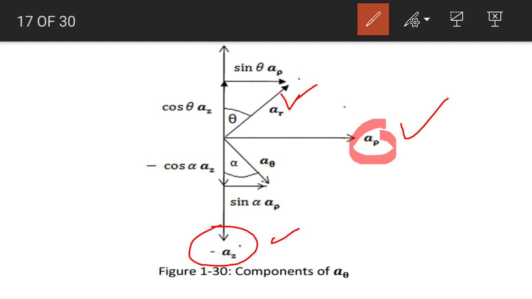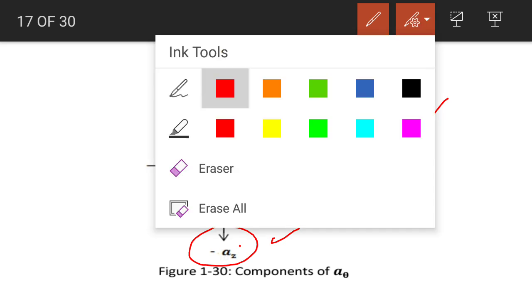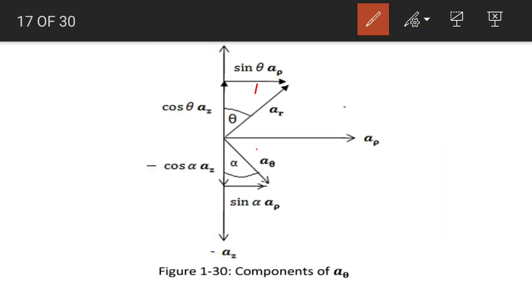And then we consider the unit vector a theta, and we know that the angle between ar and a theta will be 90 degrees. ar and a theta are normal to each other. We consider the angle of a theta with respect to minus az.